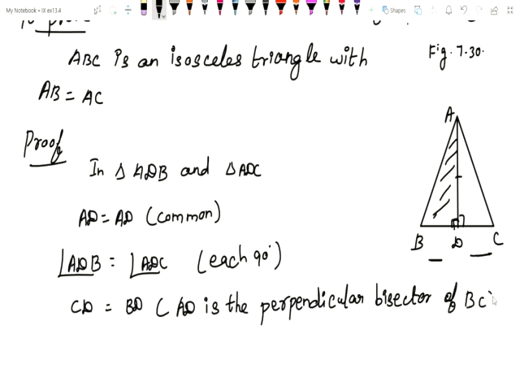So, look at here, what are the things we said? AD is common, and this angle and this side. So, side, angle, side.